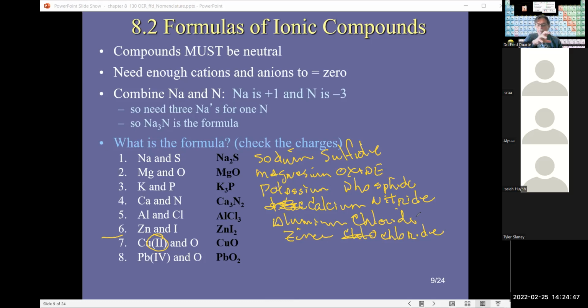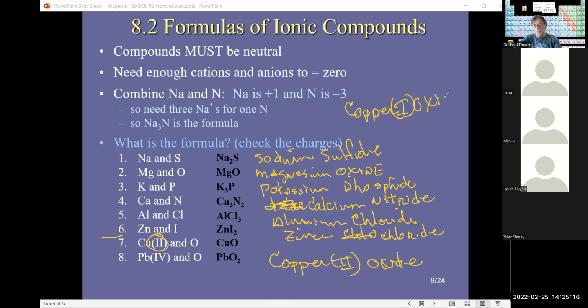Okay. Now we come to the variable oxidation numbers, and we have to incorporate the Roman numerals when we name them. Okay, so Cu is copper, and we maintain the Roman numerals that we were given, and then oxide. So this is copper(II) oxide compared to copper(I) oxide.